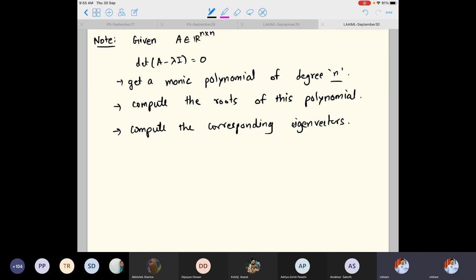So now you tell me, practically, when we are solving this problem, where will we get into trouble? How much is the computation of determinant of A minus lambda I for a matrix n by n? Is computation of determinant an easy task computationally?